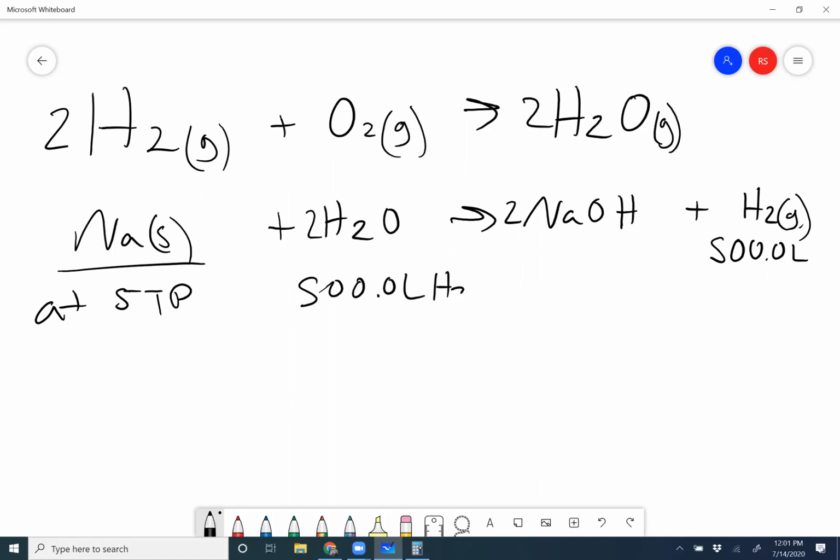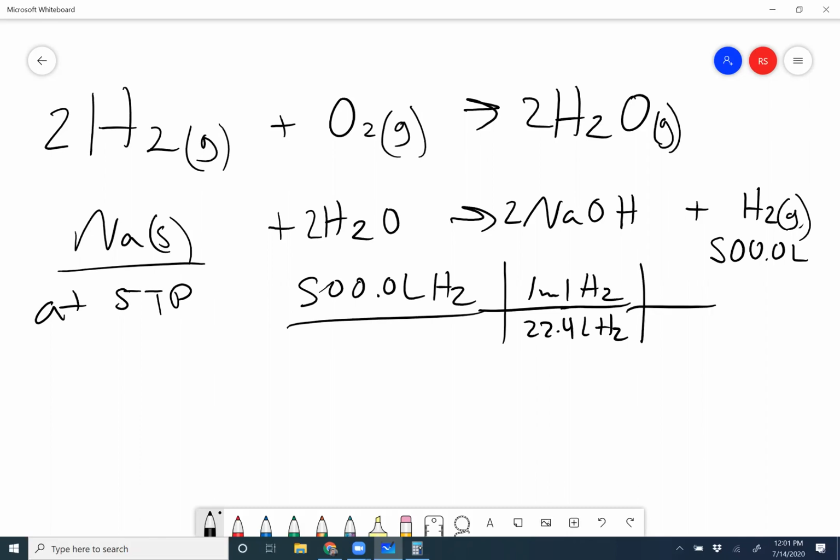So for every 22.4 liters of hydrogen, there's 1 mole of hydrogen. And then now we can just do the basic stoichiometry. For every 1 mole of hydrogen, there's 1 mole of sodium. And then we can just plug in the 23 grams of sodium. And you can see that looks a lot like our stoichiometry from the previous unit.